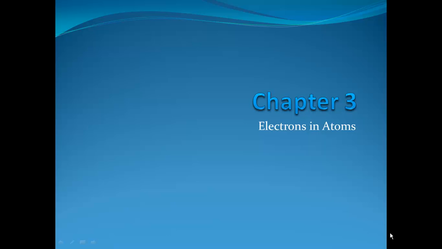Alright, we are into chapter 3 because chapter 2 was short, and this chapter can be a little abstract, meaning difficult to visualize, because it's the study of electrons in the atoms and where the electrons are located and how they behave.